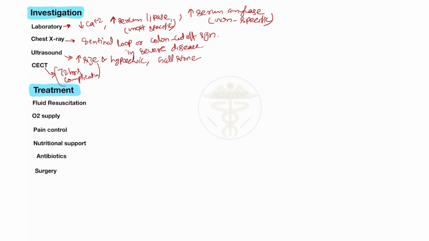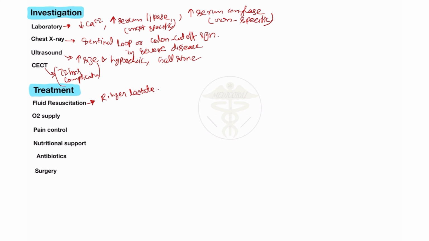First of all, we provide initial management: fluid resuscitation, O2 supply, pain control, nutritional support, and antibiotics. In fluid resuscitation, we provide Ringer lactate solution for maintenance of the fluid.